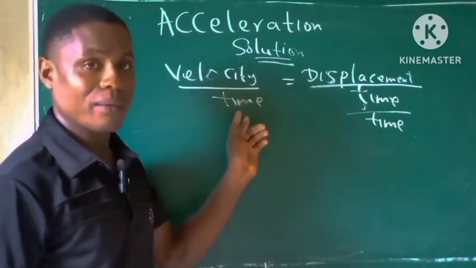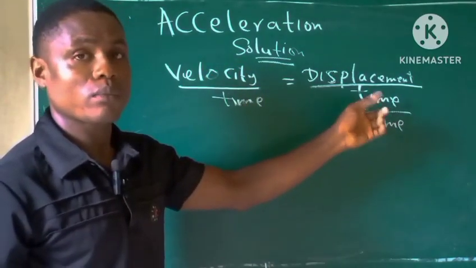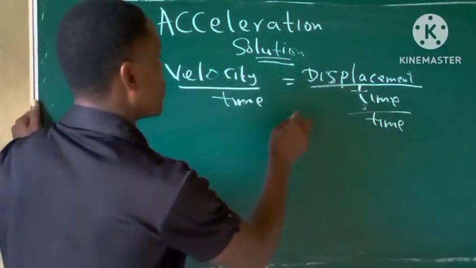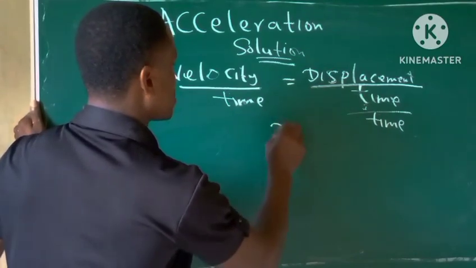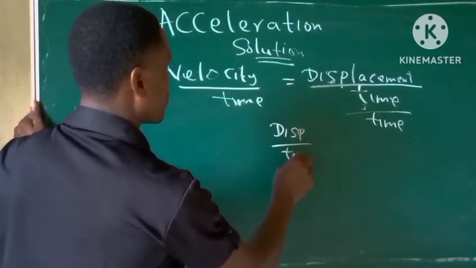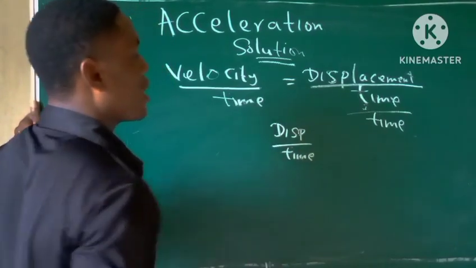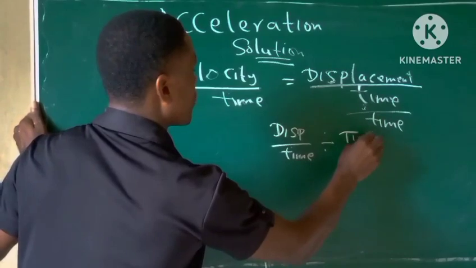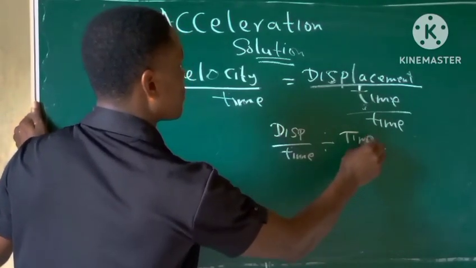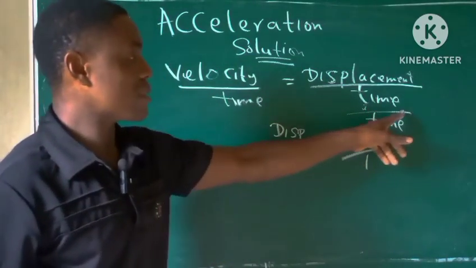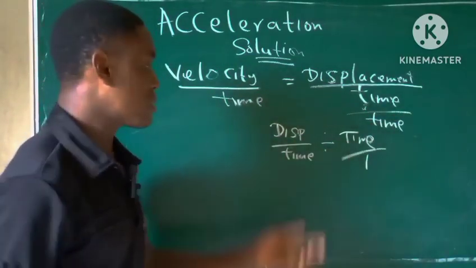Divided by this time. So the next step to take is to multiply these two times together. Okay, let me show you how we come about this. We have displacement all over time. We can also write it in this form, that is time all over 1, because this sign is a sign of division.